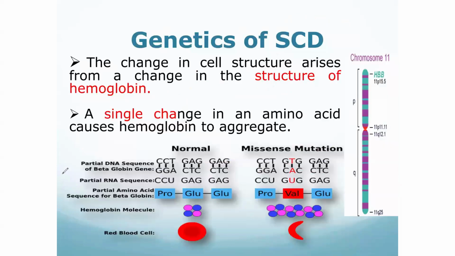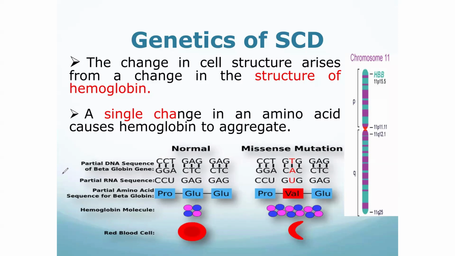Now let's look at the genetic basis of sickle cell disease. The change arises from a change in the structure of the hemoglobin. We said that the shape of the red blood cells changes to a sickle shape, and this change is due to the change in the structure of the hemoglobin.